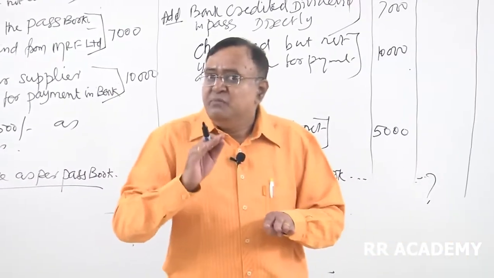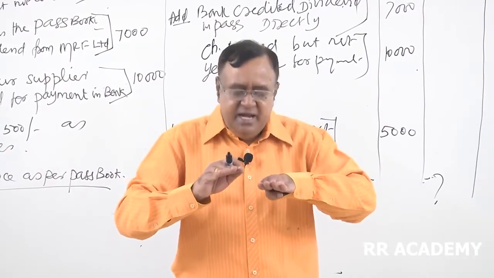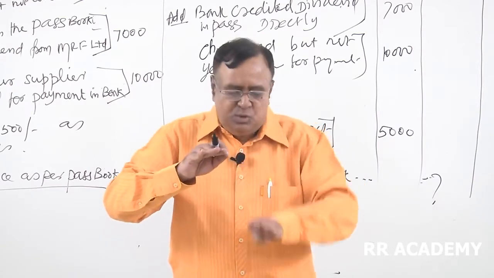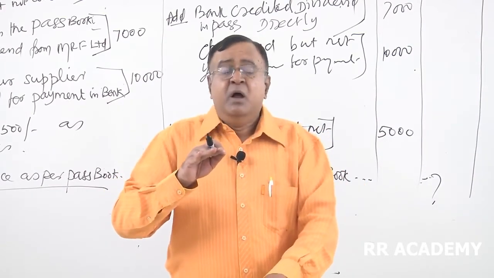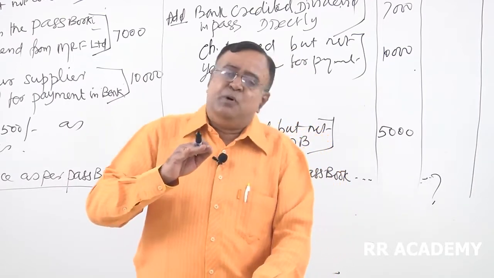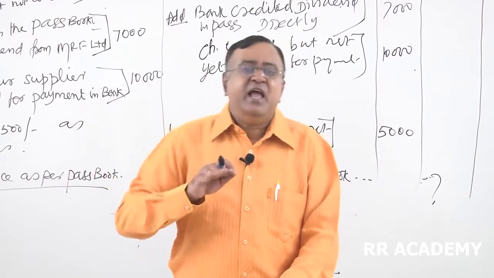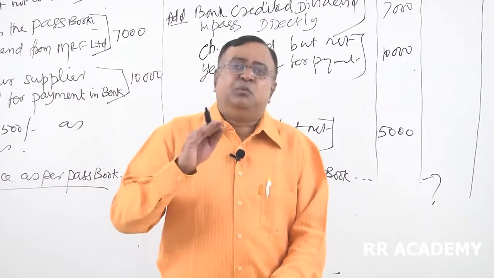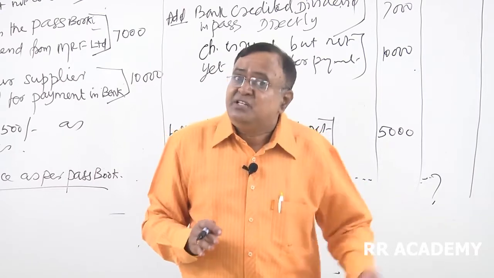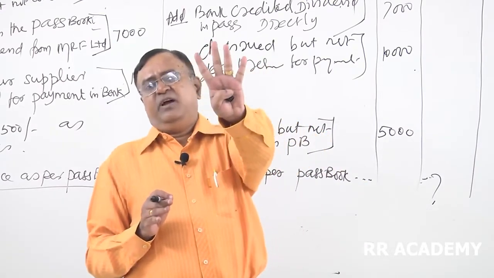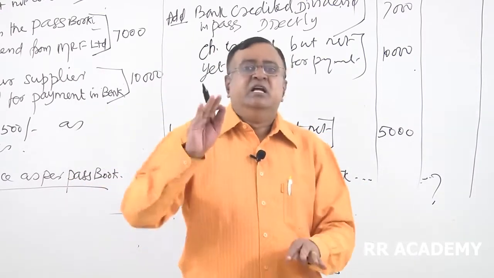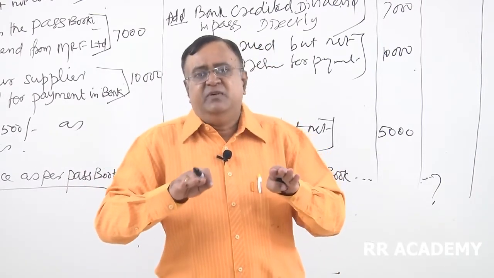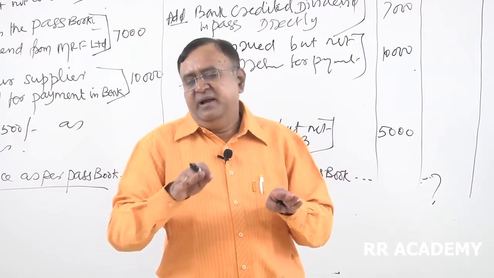Because a check will come to the cash book only. Check issued, cash book down, passbook same, because it will come to the passbook after 5 days. What are these days called? Clearance process. When we deposit or issue a check, it will take 4-5 days, and during this time the passbook balance will remain the same.